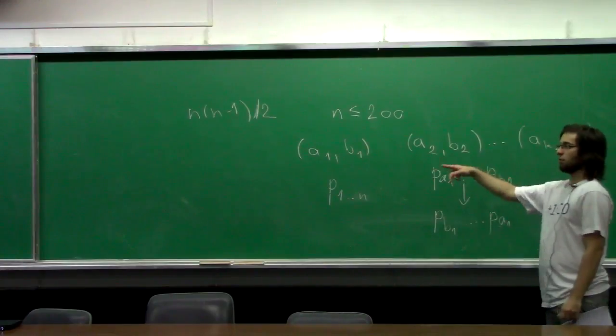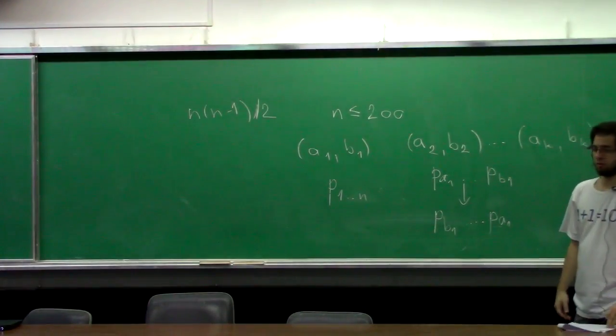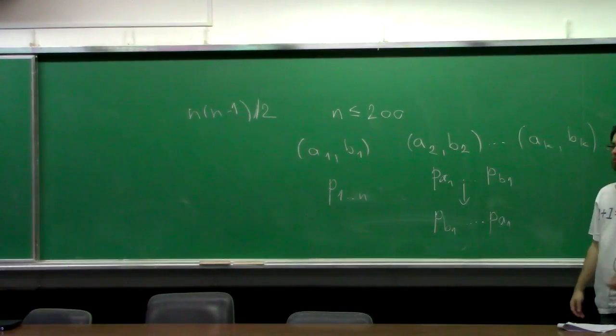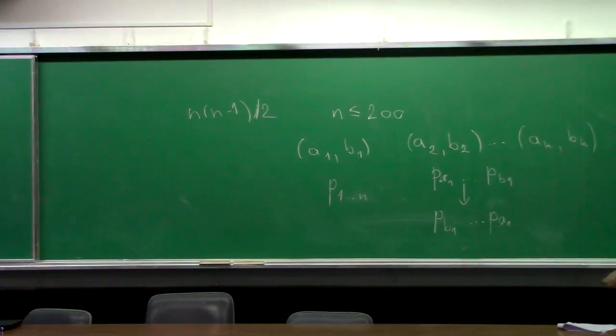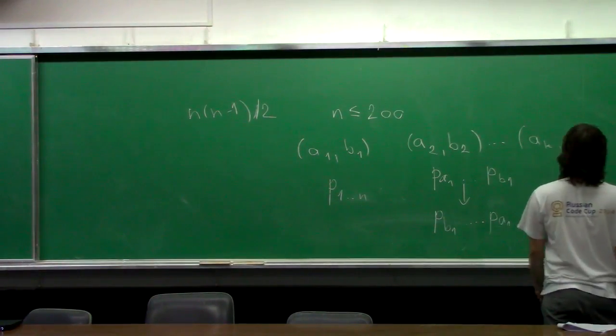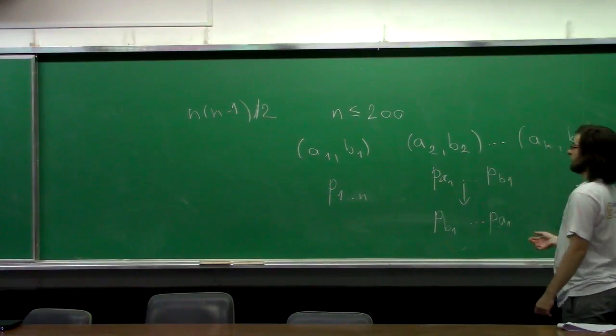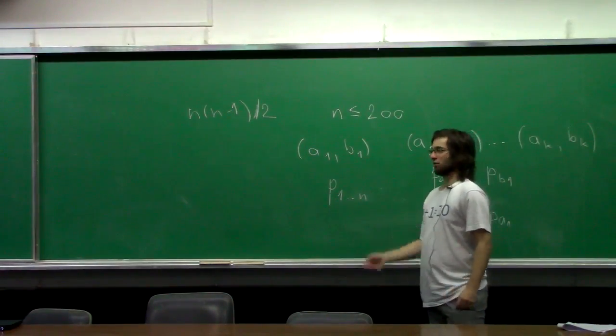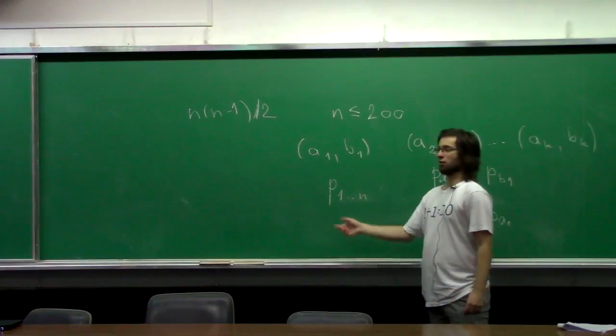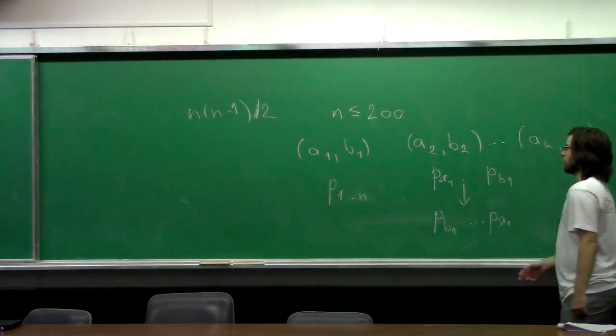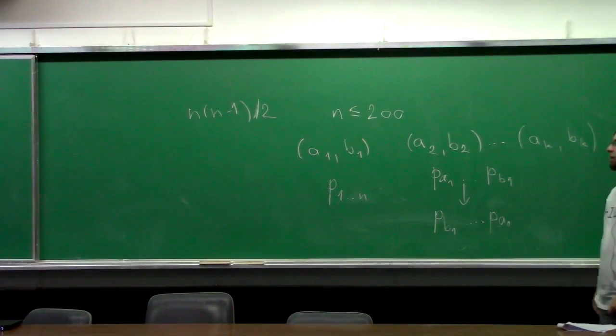Of course, since the swaps are uniquely given, if the permutation exists, then we can just start with the identity permutation, pi equals i, apply these swaps one by one, and get some new permutation.